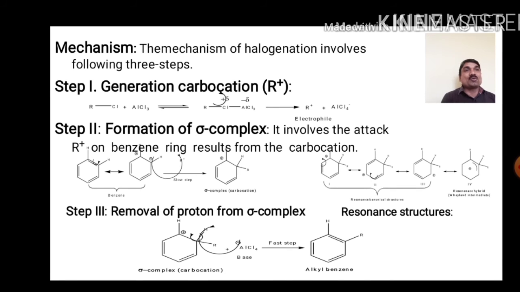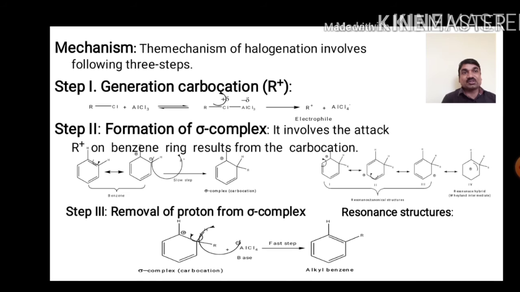It results in the formation of the sigma complex as we have previously studied. The sigma complex is stabilized by resonance, and the resonance hybrid of the sigma complex is called Wheland intermediate. Thus the carbocation exists in the following resonating forms: structure first, structure second, and structure third. The fourth structure is the resonance hybrid, the Wheland intermediate.